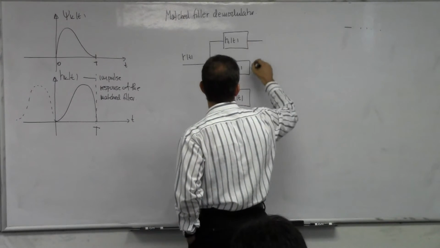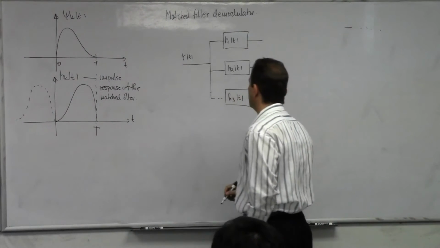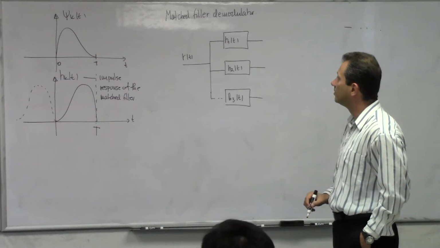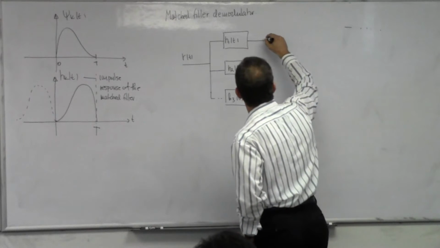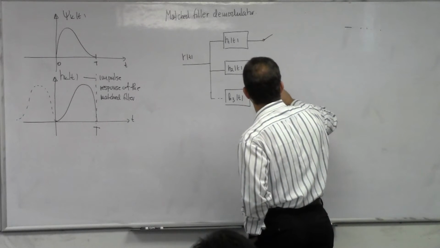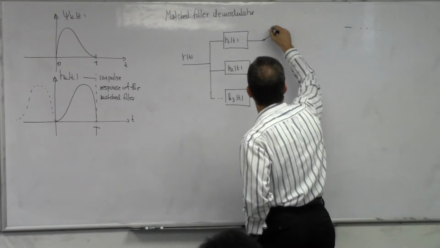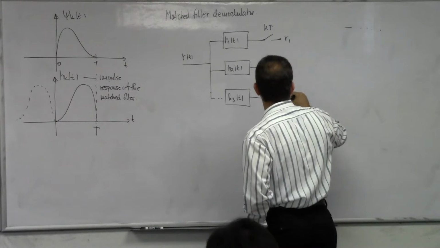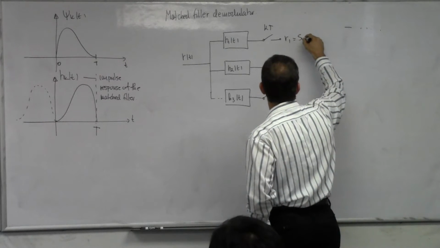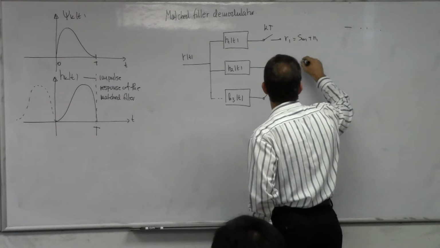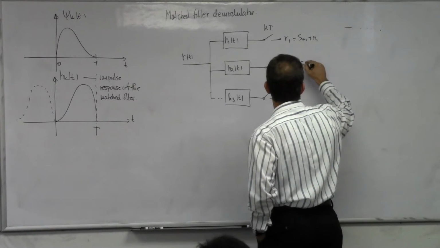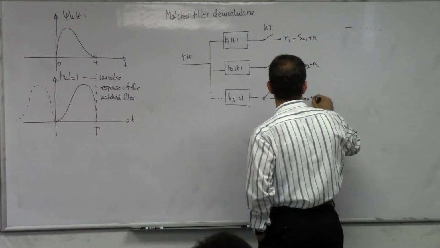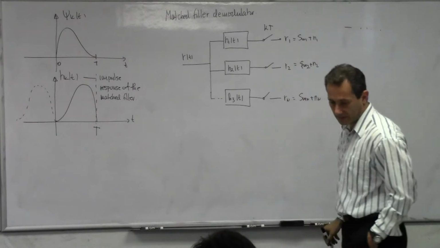They're just sitting there. They're passive devices not requiring any particular synchronization. And then you have a sampling here that samples the output of this filter at kT. And what you end up with here is R1, R2, Rn, R1 being Sn1 plus N1, this being Sn2 plus N2, this being Sn plus N capital N.